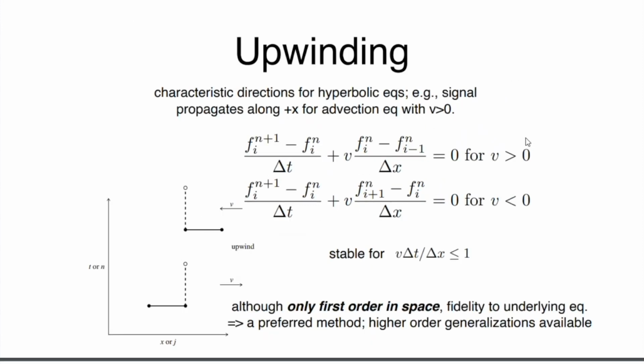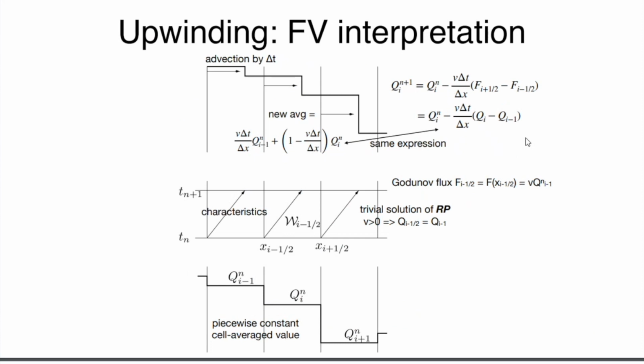So this is the finite volume interpretation of the upwind method. We'll have these piecewise constant values, as in the Godunov method based on the Riemann problem, and you have this initial condition. You just evolve it for time delta t. The evolution is just a shift by delta t, which is shown here.